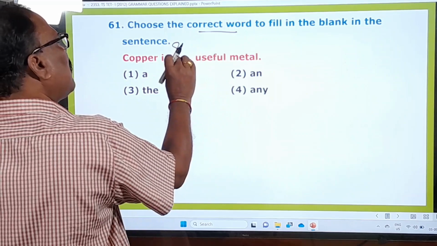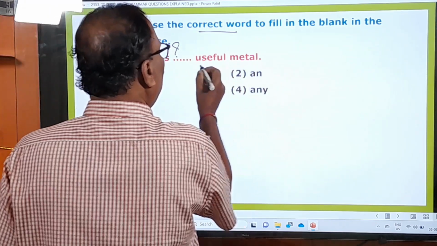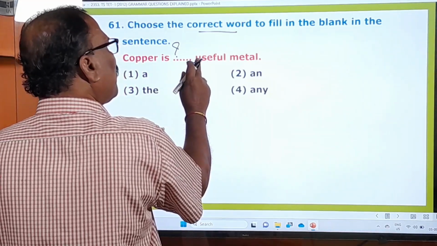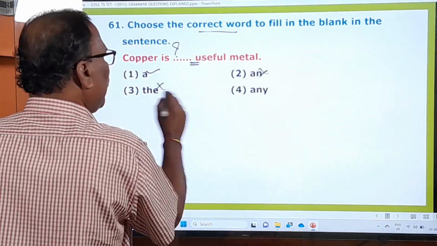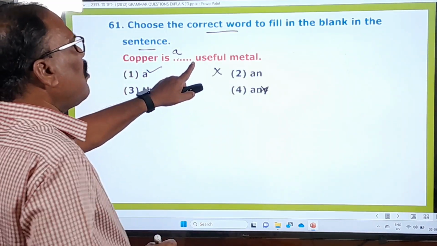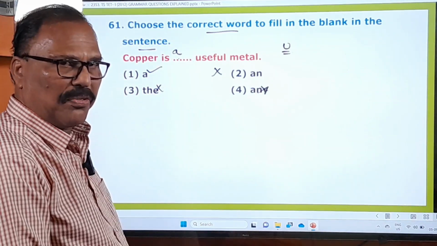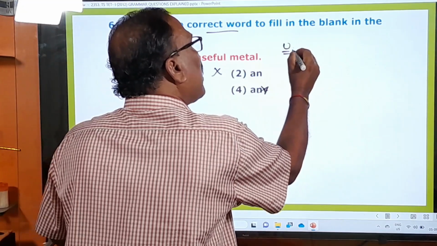So before we go for this, let me tell you one important thing. The word is beginning with useful. Okay, and before this word, you must use only a and not an or the or any. You see, this word is beginning with u. Okay, U is a vowel. Are you following me? But remember, this is a vowel, but it gives two kinds of sounds.